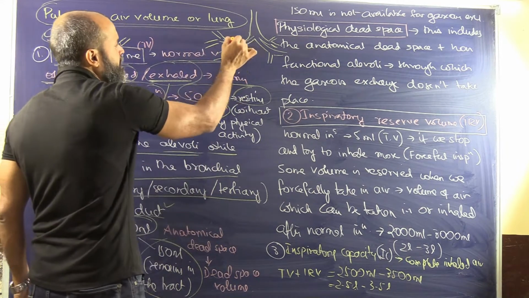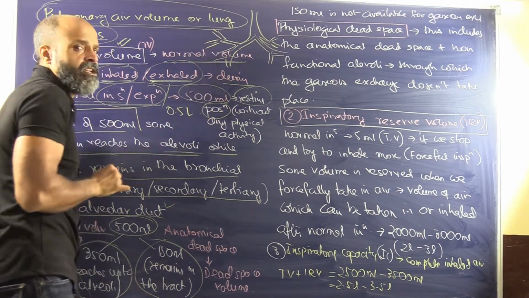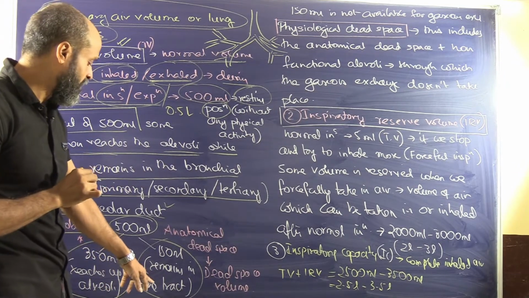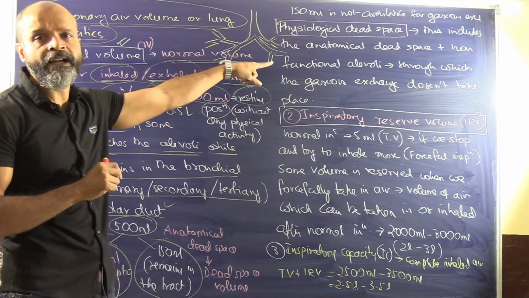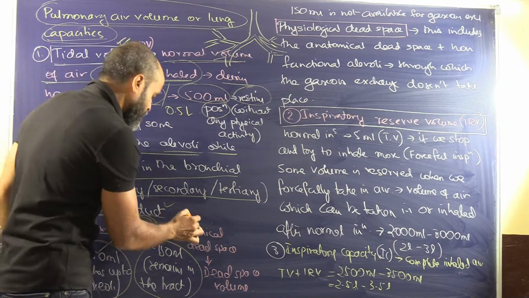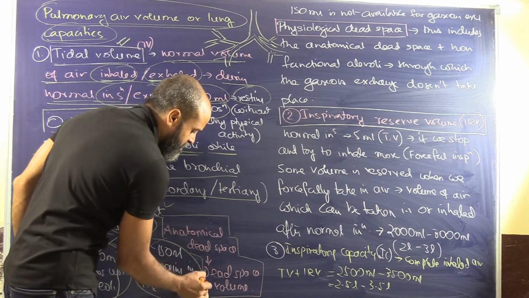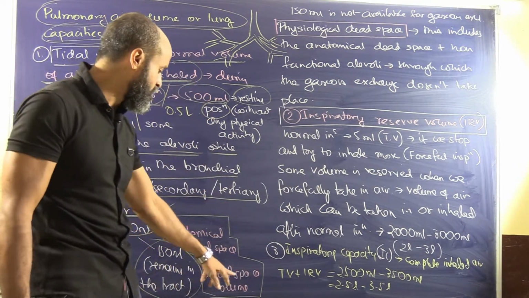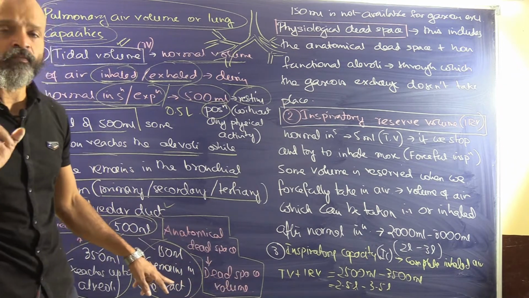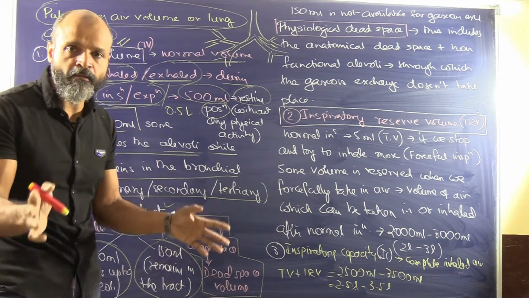So 150 milliliters is not being used in gas exchange. It remains in the bronchial tracts of the primary, secondary and tertiary bronchus. This air volume which is not being used is known as dead space volume, and where does it stay? Obviously in the bronchial tract.